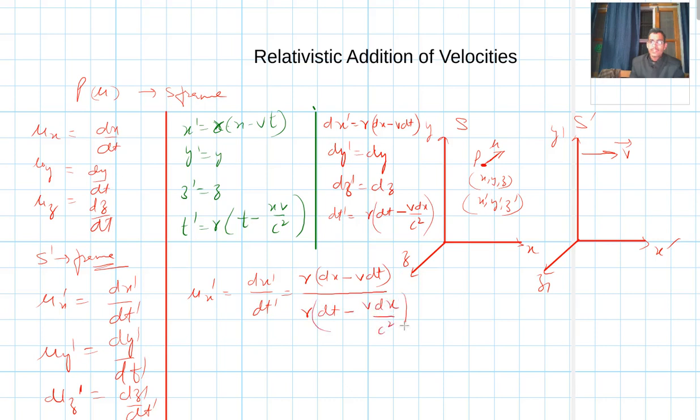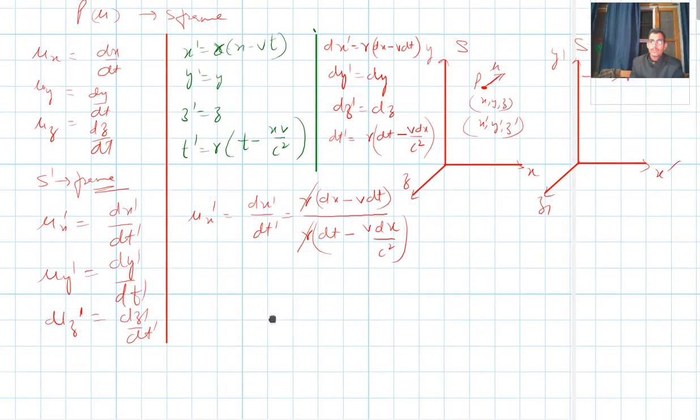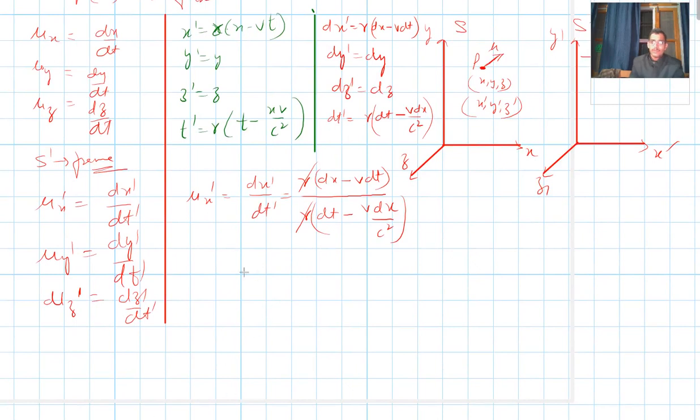This gamma will cancel out. So ux prime is equal to dx minus v dt whole upon dt minus v dx over c square.